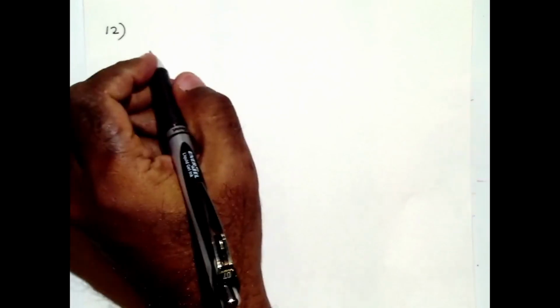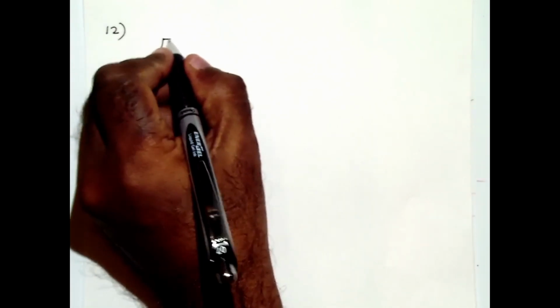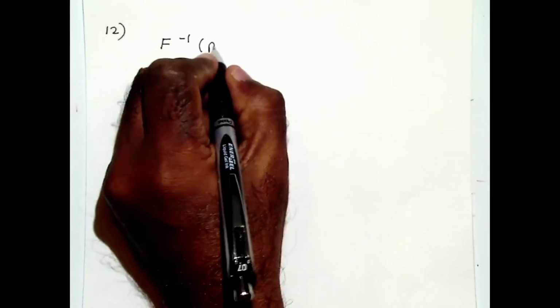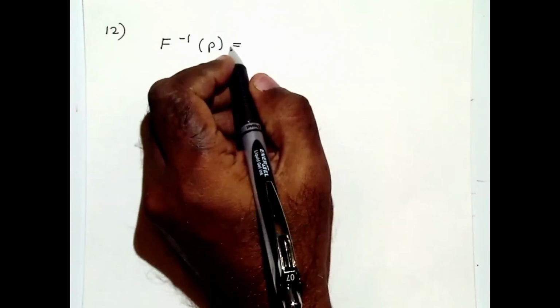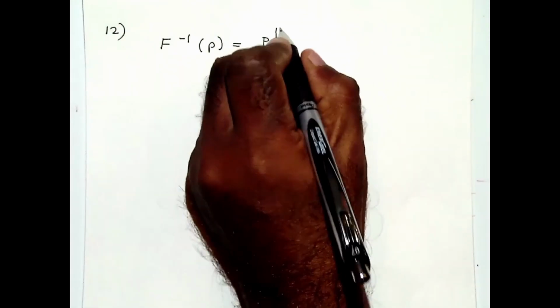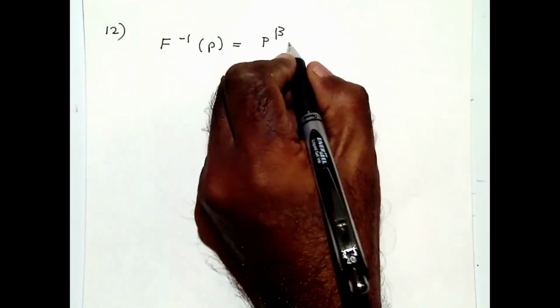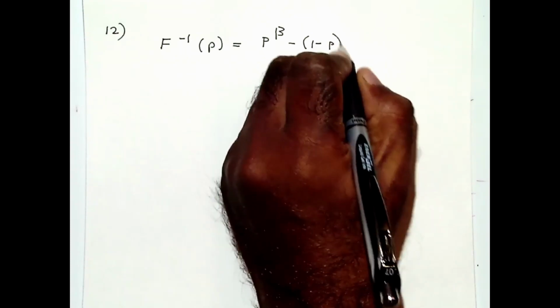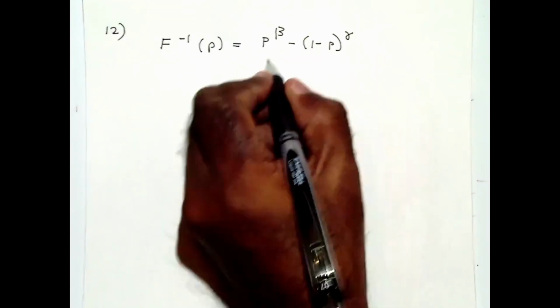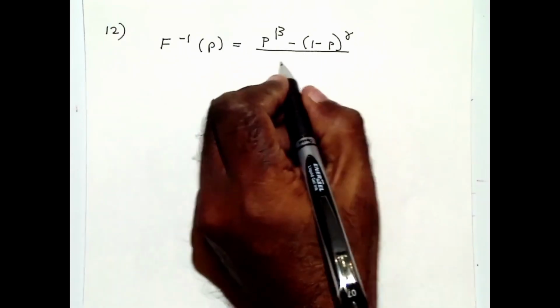Next one is part 12. Here once again you are given the quantile function of a distribution, and it's given as p power beta times (1 minus p) power gamma divided by delta.